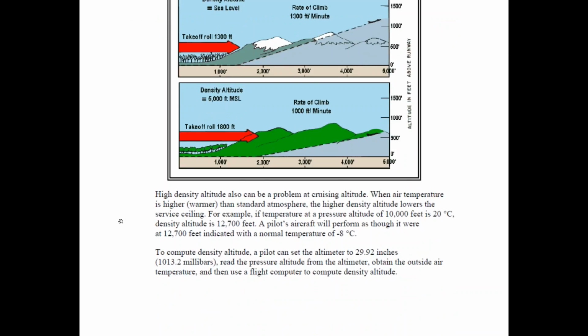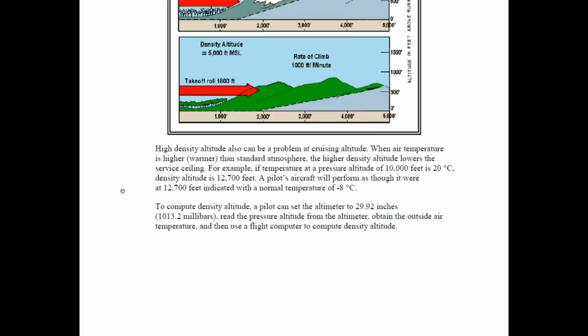High density altitude can also be a problem at cruising altitude. When air temperature is higher than standard, the higher density altitude lowers the overall capability of the plane to fly higher, or its service ceiling.